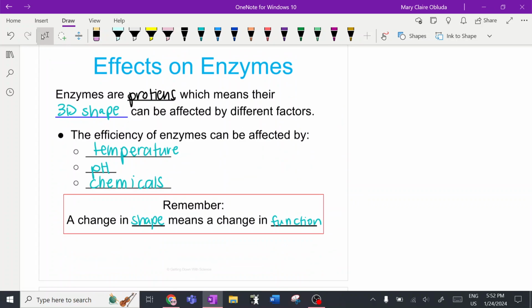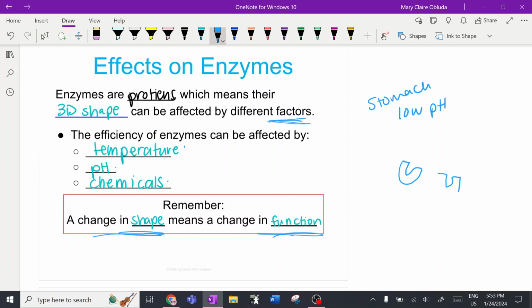Effects of enzymes. Enzymes are proteins, which means their 3D shape can be affected by different factors. Again, proteins can be denatured by temperature, pH, and chemicals. Change in shape means a change in function. So if an enzyme that does not belong in the stomach goes into the stomach, which has a low pH, its 3D shape can be affected, and then there's a change in shape.